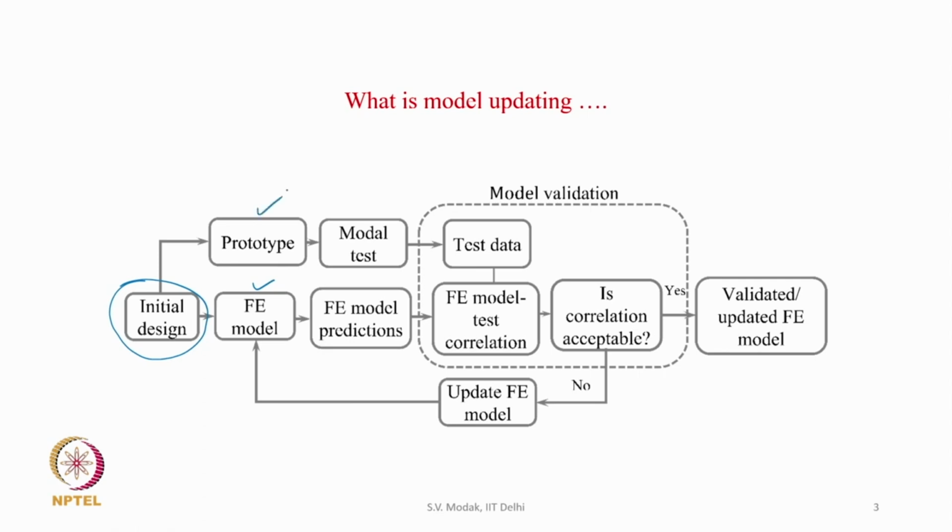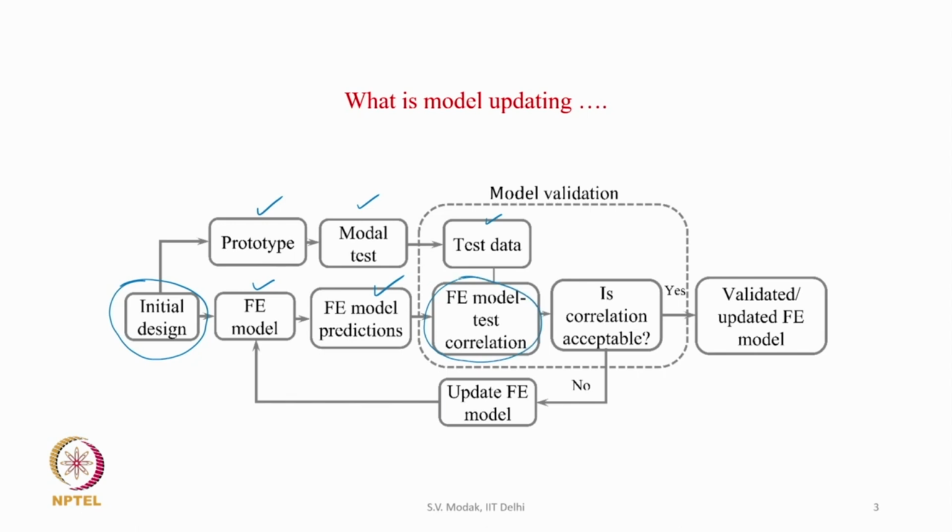Then we conduct a model test on the prototype and obtain the model test data. We obtain the modal parameters of the system, and those parameters are also predicted based on the FE model, and then they are compared with the test data, which is referred to as FE model correlation.